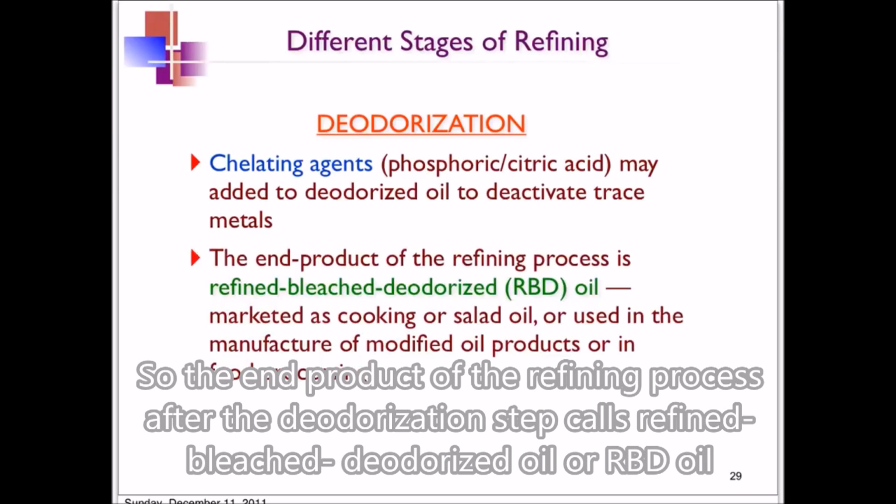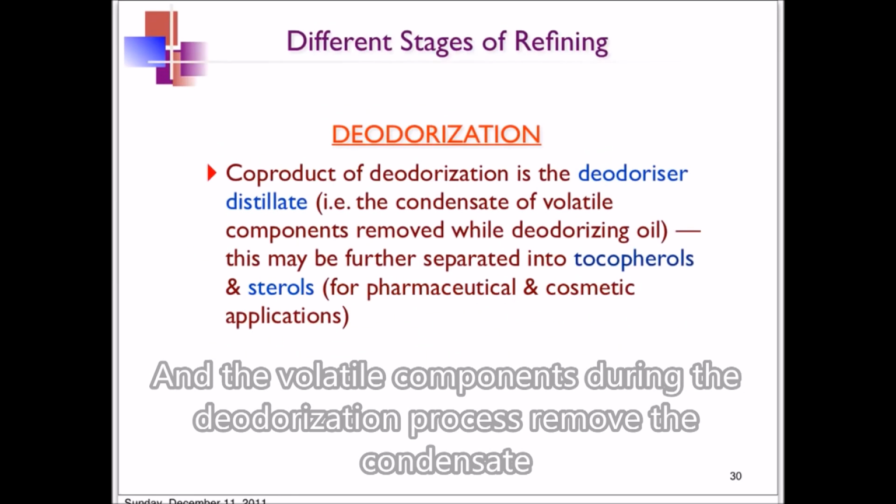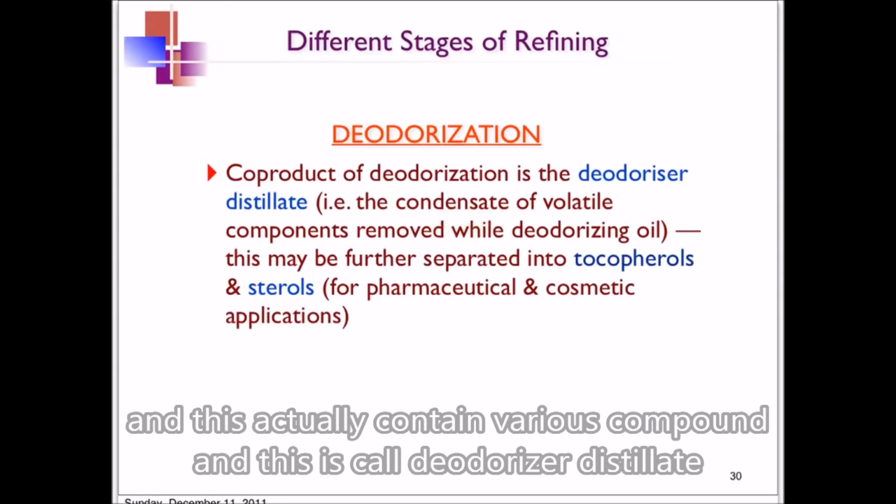So the end product of the refining process after the deodorization step is called refined bleached deodorized oil, or RBD oil, and this is usually marketed as cooking or salad oil, or can be used for manufacturing other types of oil products. The volatile components removed during the deodorization process are collected as condensate, and this contains various compounds.